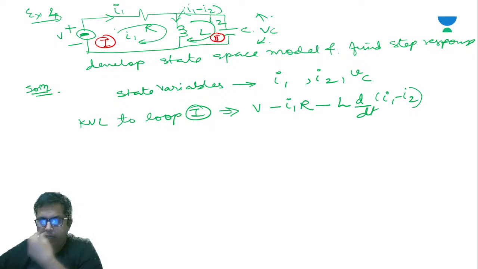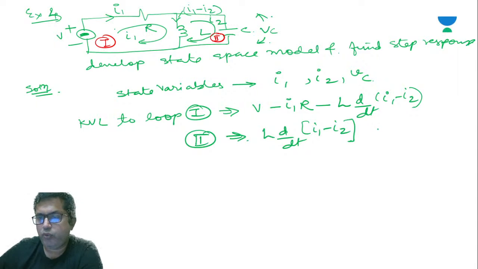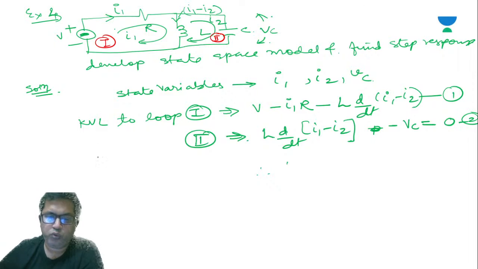KVL to loop 2 will give me L d/dt of (I1 minus I2) plus or minus Vc is equal to 0. This is equation 1, this is equation 2.